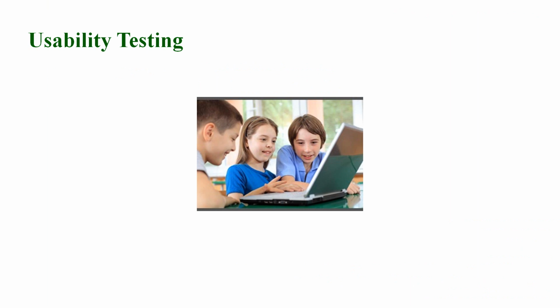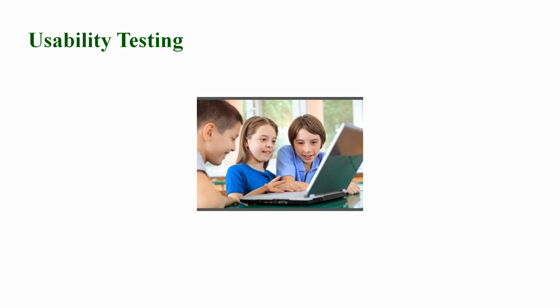Usability testing. The picture itself gives you the explanation about usability testing. There are two words here, usability and testing. Usability, what does it mean? Every software has to be designed and developed in such a way that the application should be usable, that the user should be able to use that application effectively, efficiently, satisfactorily, accurately.